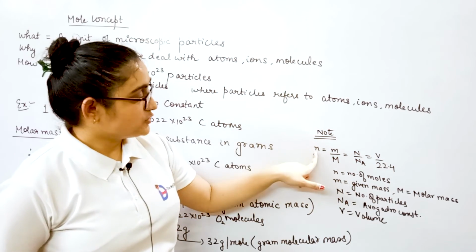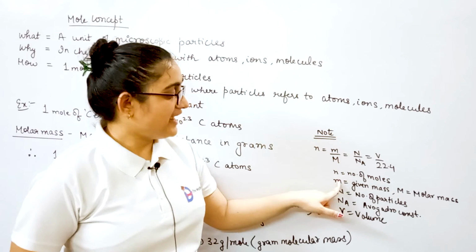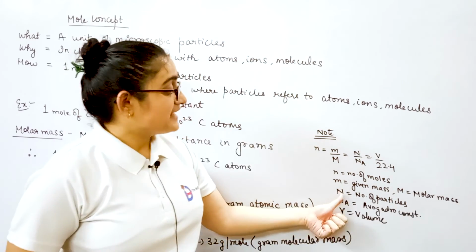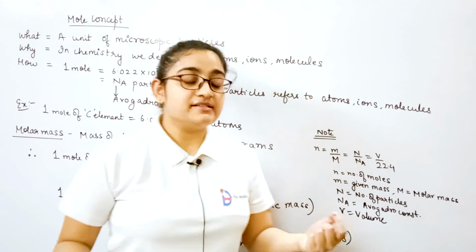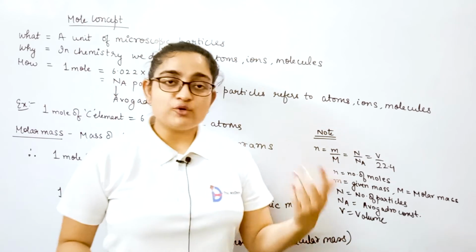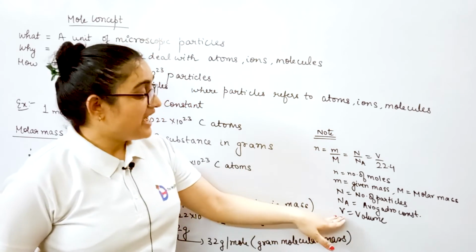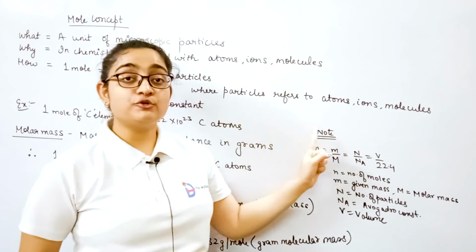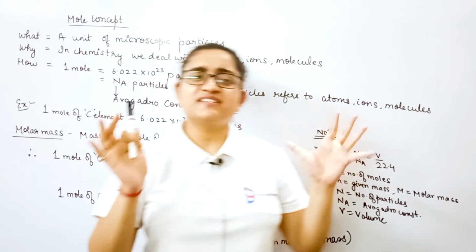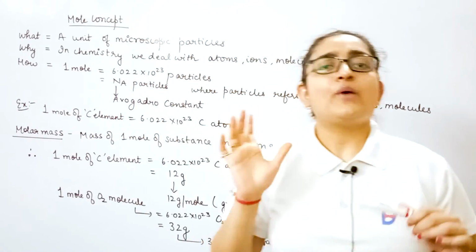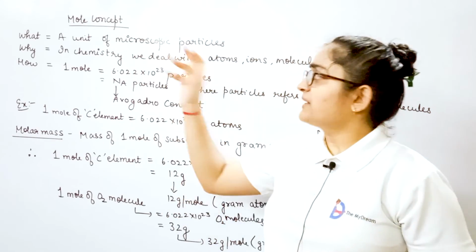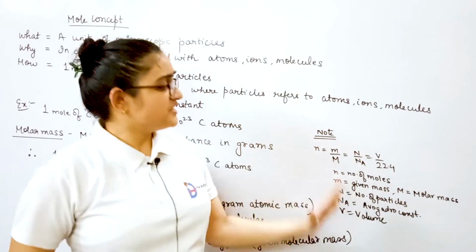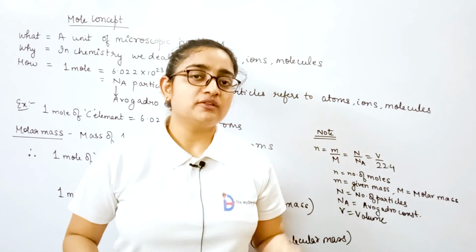Here small n refers to number of moles, small m refers to given mass, capital M refers to molar mass, capital N refers to number of particles, Na refers to Avogadro's constant we have studied earlier, and V refers to volume. This is the formula you have to keep in mind, because it is going to help you a lot while solving numericals under this topic called mole concept. Just remember this, it is really going to help you a lot.